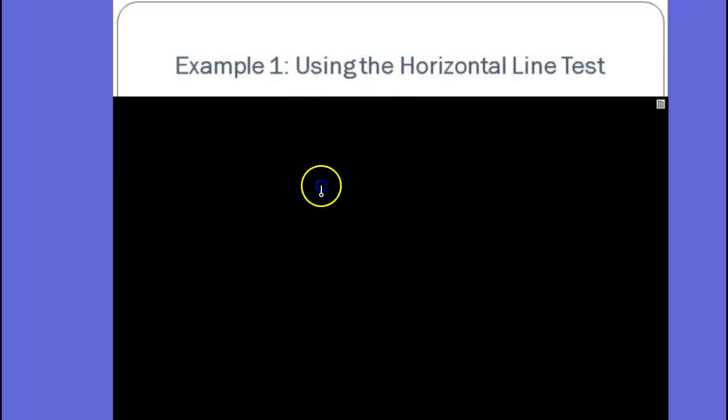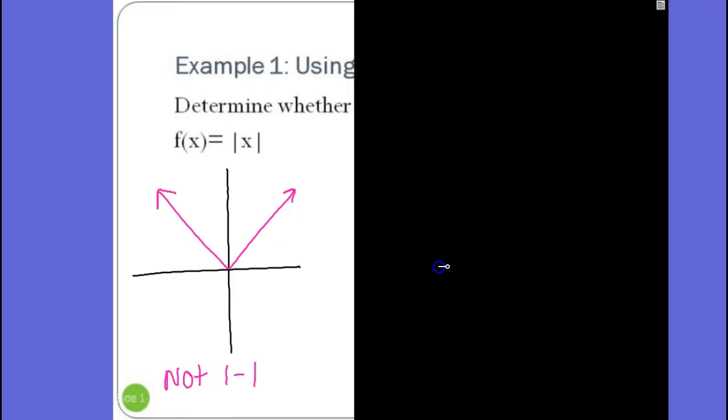Go ahead right now and very quickly, below those two functions, without using your graphing calculator, sketch those two curves. So, would the absolute value graph pass the horizontal line test? No, of course not. So V, it hits many, many times.